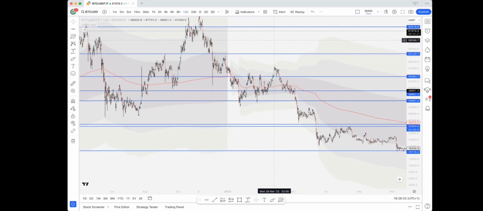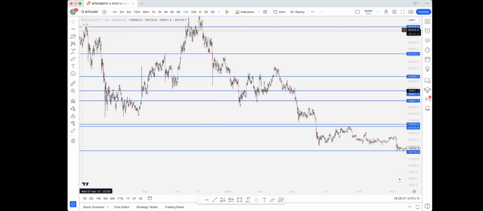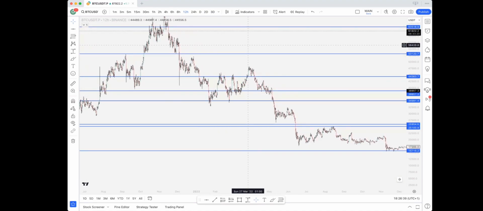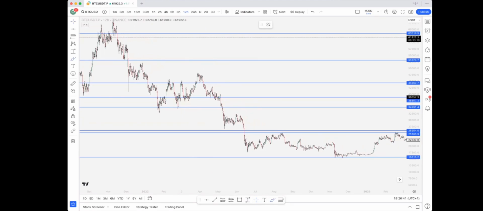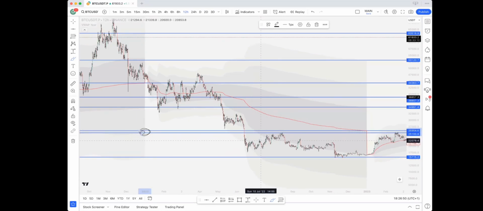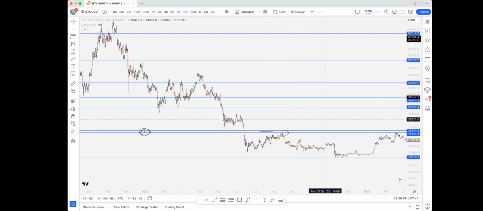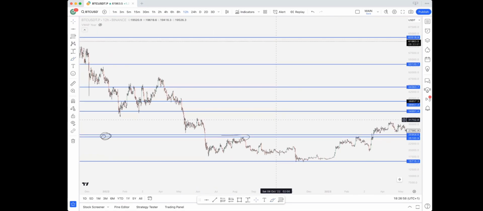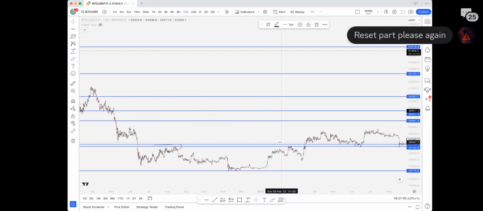Okay. So let's actually turn off the VWAP for now and see if any of these levels are respected. Let's turn it on so you can see which one I marked out. I marked out this reset. So none of these had happened yet. And what happened when price touched this level? Instant resistance. Instant resistance.